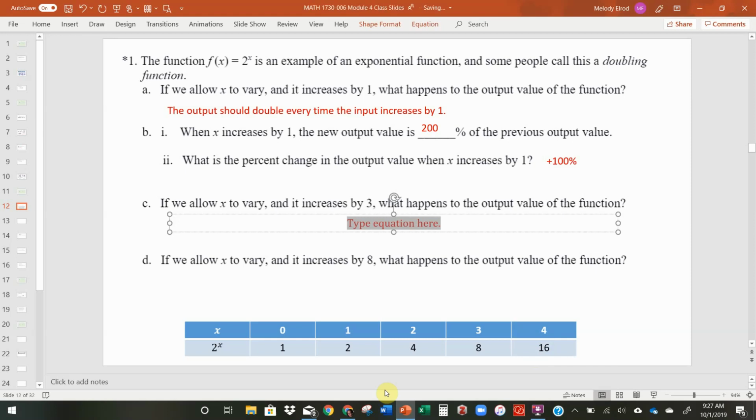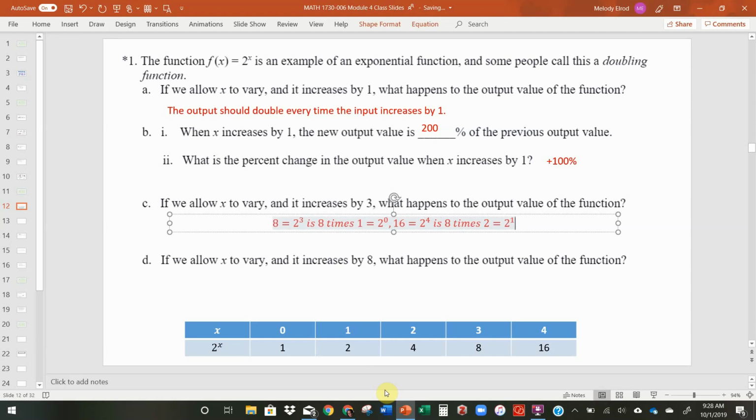We could say that 8 is 8 times 1, or that 16 is 8 times 2, because 8 is 2 cubed, and 1 is 2 to the 0 power, 16 is 2 to the 4th, and 2 is 2 to the 1st.